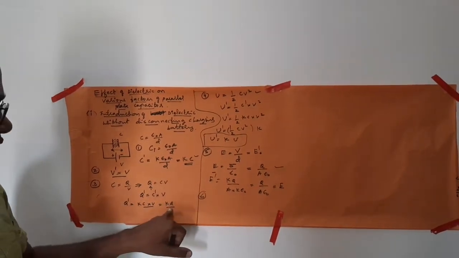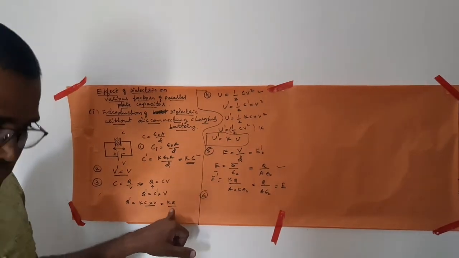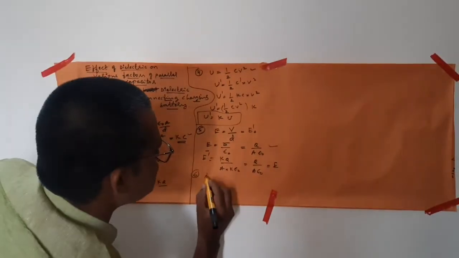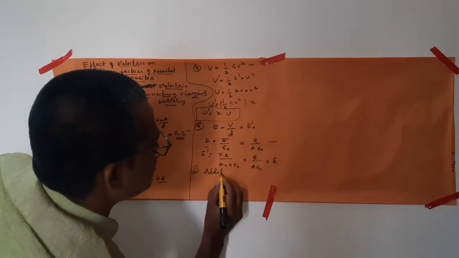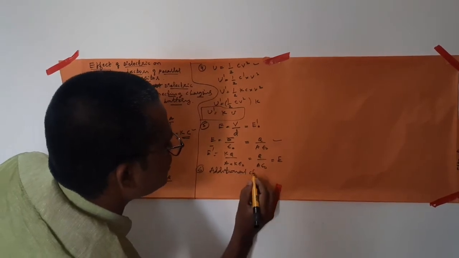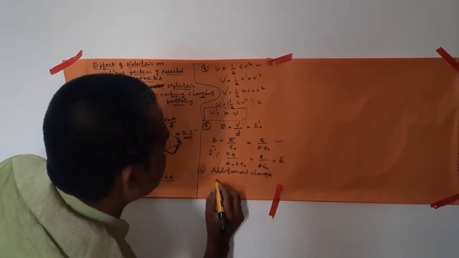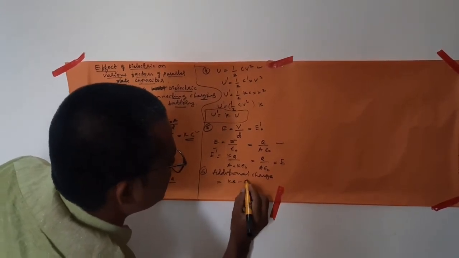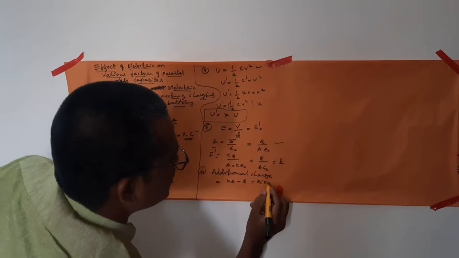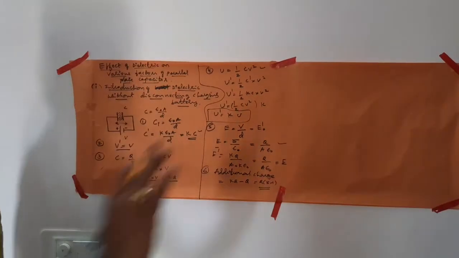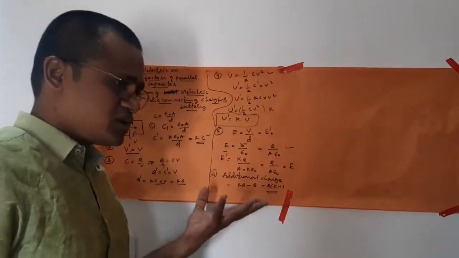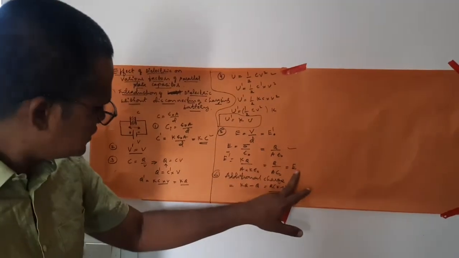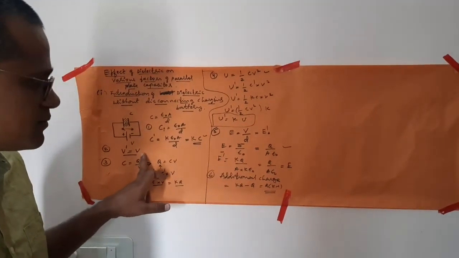After putting the dielectric, the final charge is K into Q. What is the additional charge given by the battery after putting the dielectric? It is the final charge minus the initial charge, which is Q common, K minus 1. This is the extra charge the capacitor will have after putting the dielectric. So it is very clear: the electric field is the same, and the potential is the same.